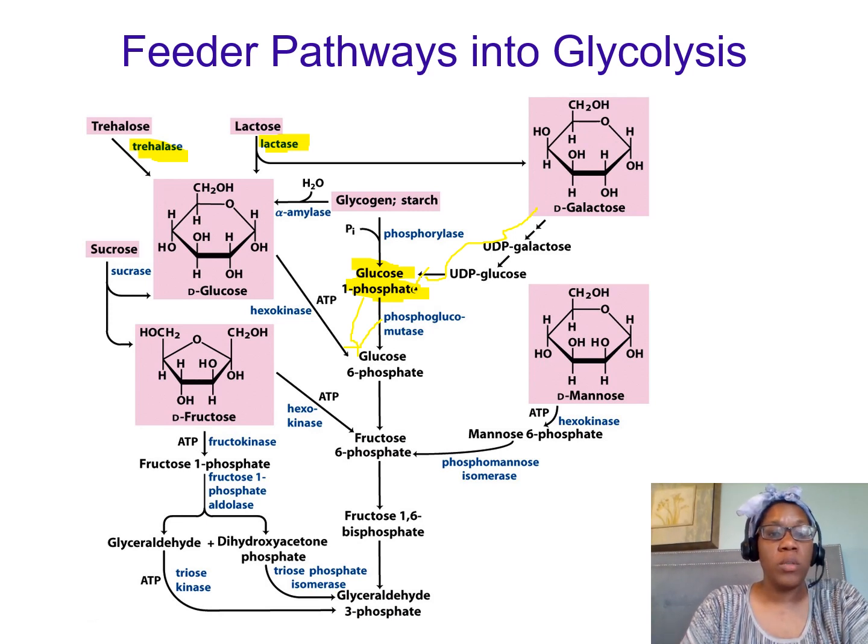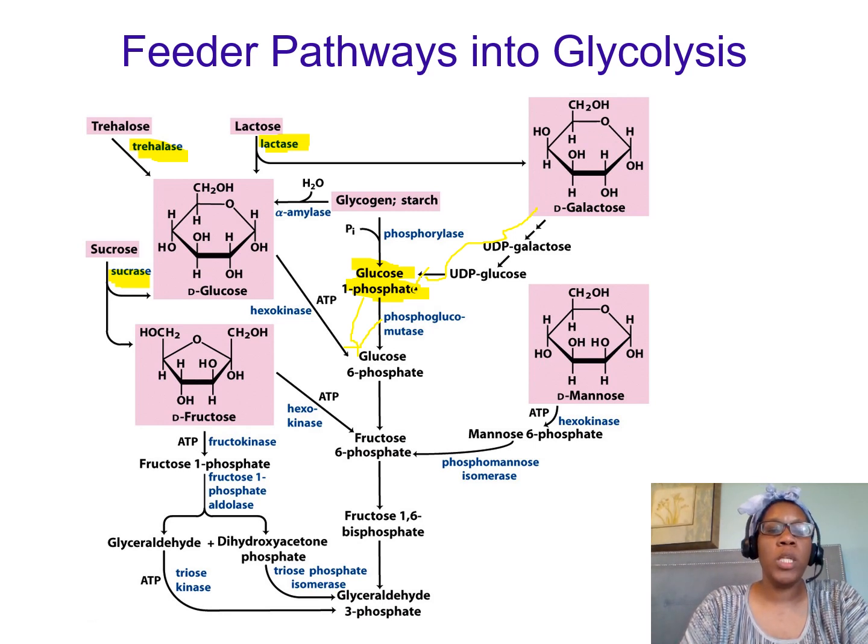Alright, so we also utilize sucrose probably. And so sucrose, since it's a disaccharide, we have to break that glycosidic bond. We use sucrase. And what is sucrose? It's a disaccharide of glucose and fructose. Glucose, of course, is fine, but fructose has to enter the glycolysis pathway.